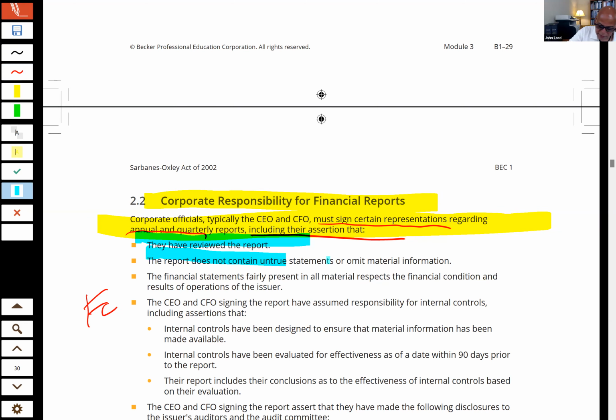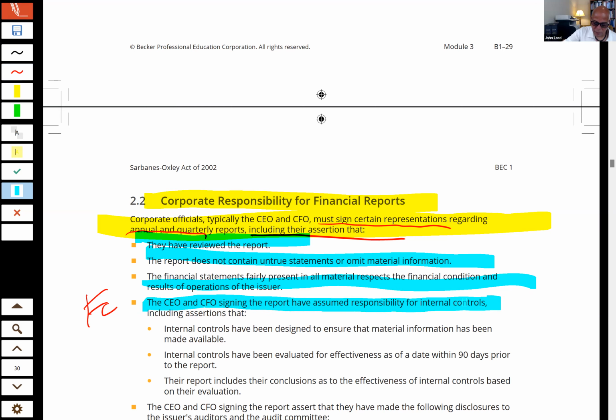The report does not contain untrue statements. The financial statements fairly present information. The CEO and CFO who sign the report have assumed responsibility for the internal controls. That's why it's important that we have that COSO model that is then used to carry out this responsibility in federal statute for CEOs and CFOs.